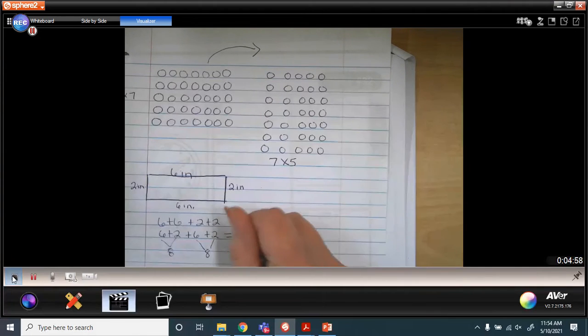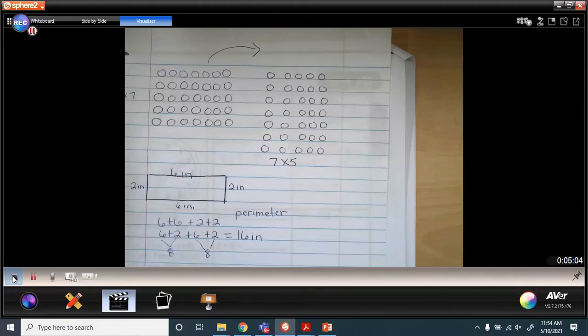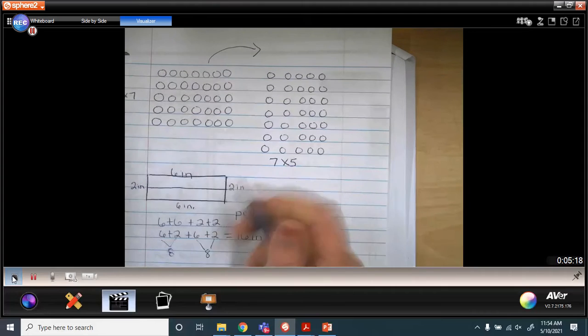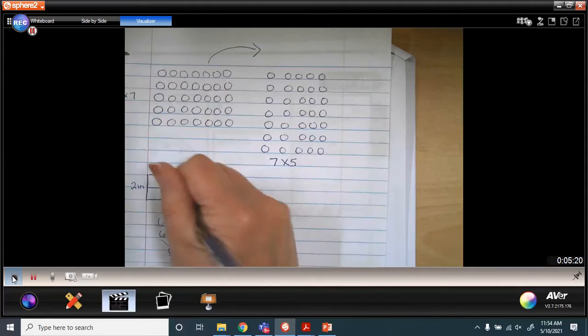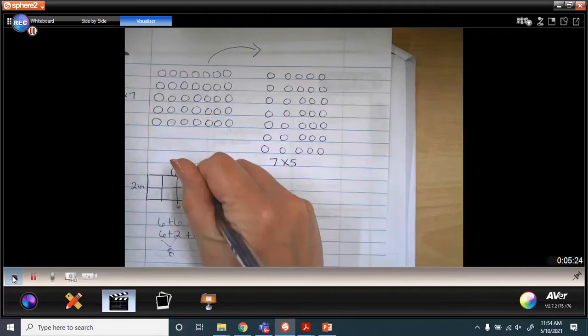Perimeter is the length of all the distance or the lines that you've drawn put together. Now the area is the amount of square units that cover this figure. So if I have 2 rows and I do 6 rows or 6 columns, right?